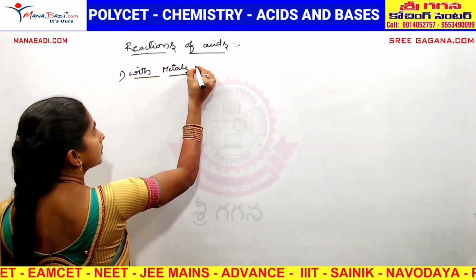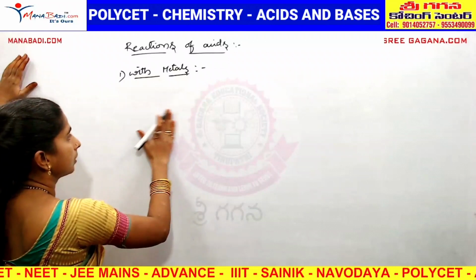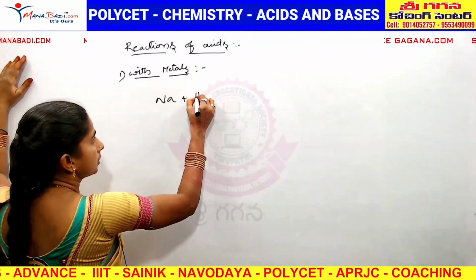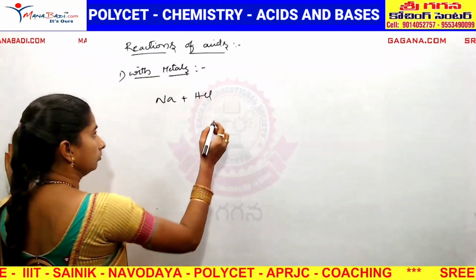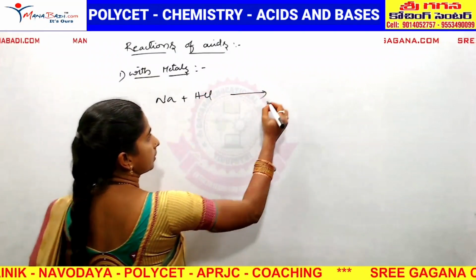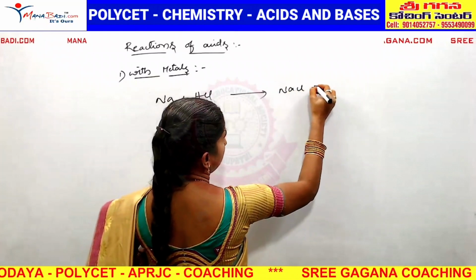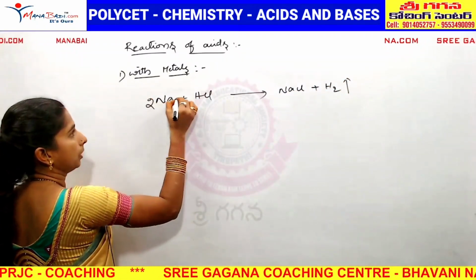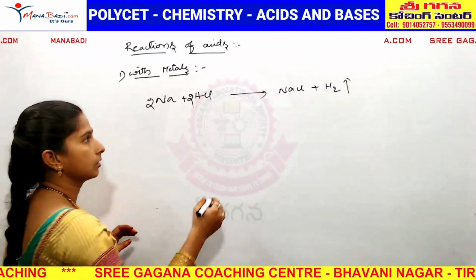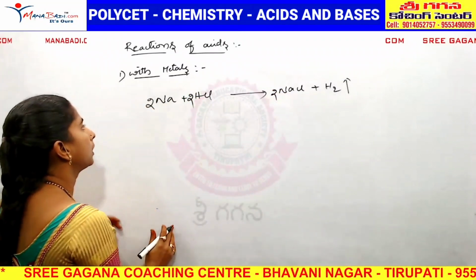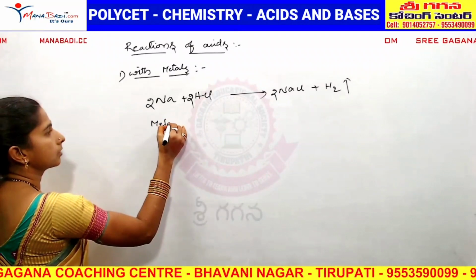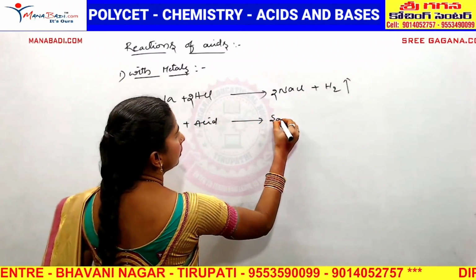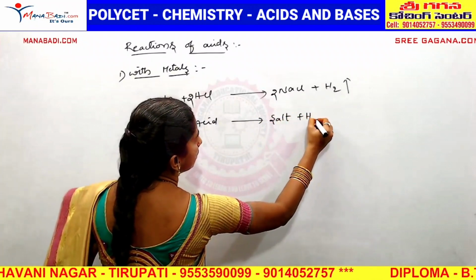If acid reacts with metal, for example Na plus HCl, it forms salt and releases H2 gas. If you want to balance it, this is the balanced equation. So metal plus acid usually forms salt plus H2 gas.